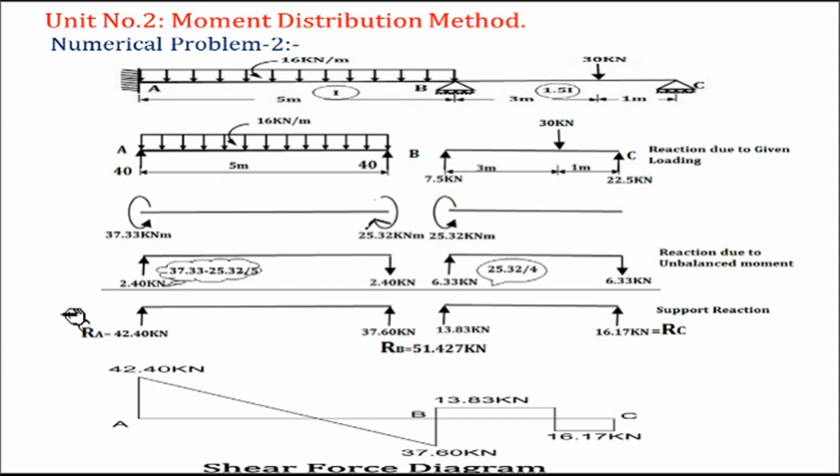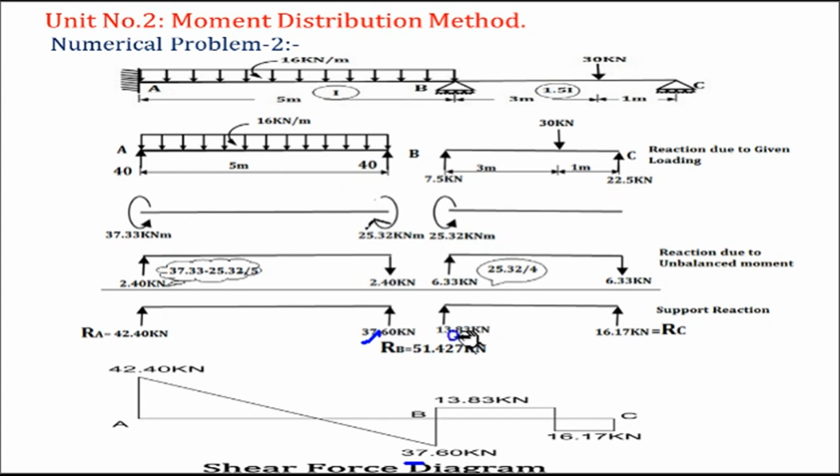Now draw the bending and shear force diagram. 42.40 kilonewton up, so show it up. Then there is UDL, so an inclined line. So plus 42.40 kilonewton minus in bracket 16 into 5, you will get this value, 37.60 kilonewton, or from this also you can show directly 37.60 kilonewton.